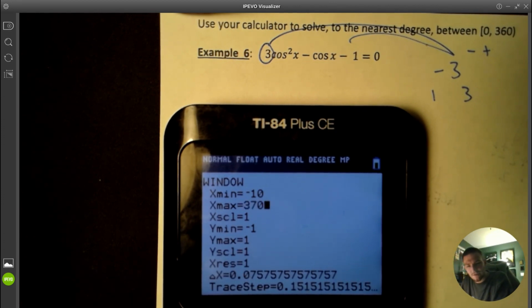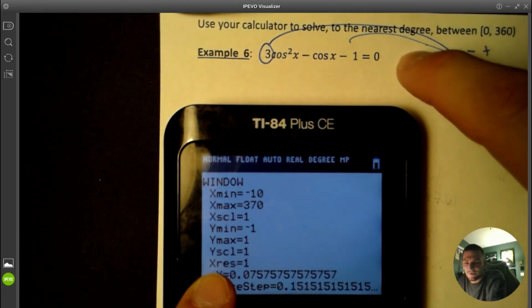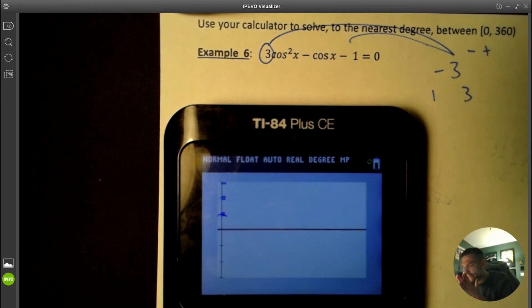I'm going to give myself that 0 to 360 plus a little extra. I'm going to look where this is equal to 0. So for my y values, let's just do negative 3 to 3. I want to make sure that 0 is showing, and really I'm looking for where. And then let's say graph and let's see what happens.